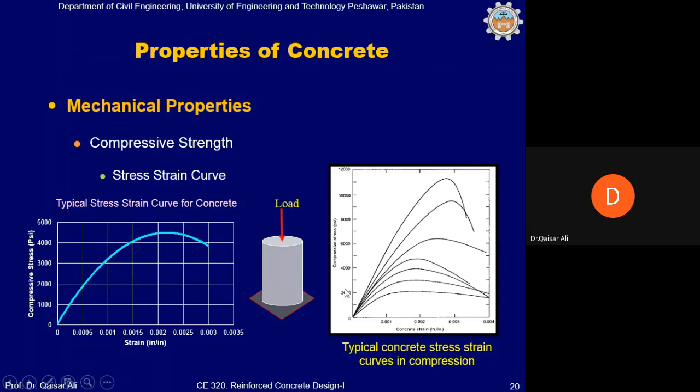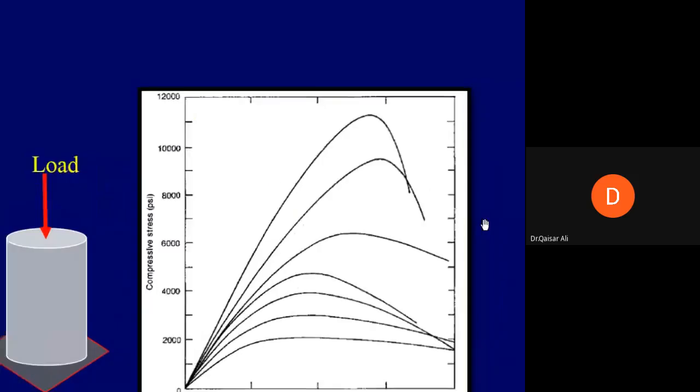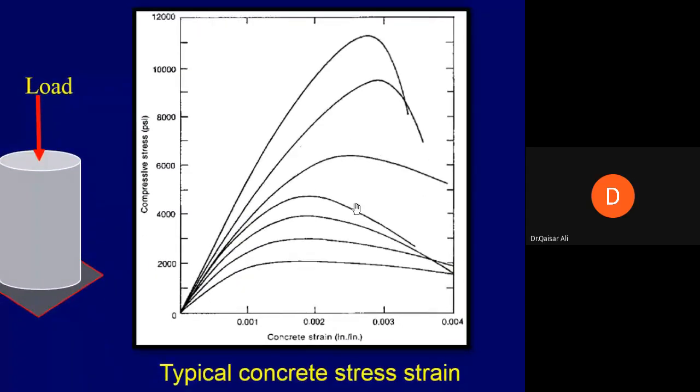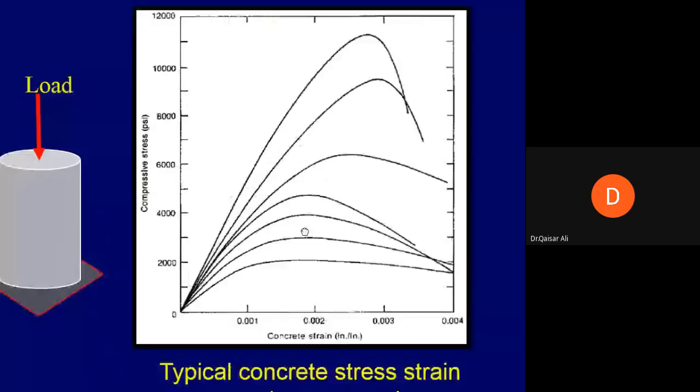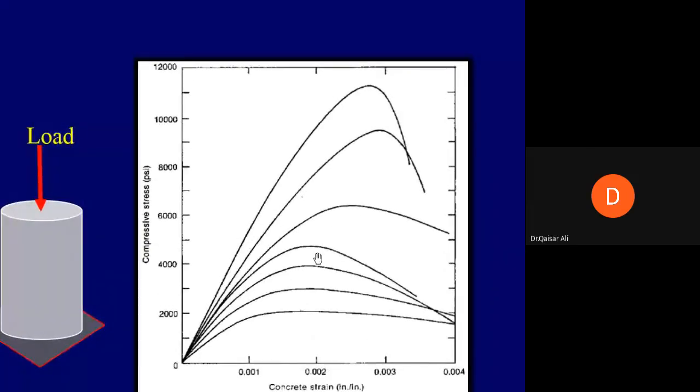You can also see the different curves on the right in a magnified view. These are different curves for 2,300, 3,000, 4,000, 5,000, 7,000 and 8,000 psi concrete, and there is a peak and then a downward branch for every cylinder.